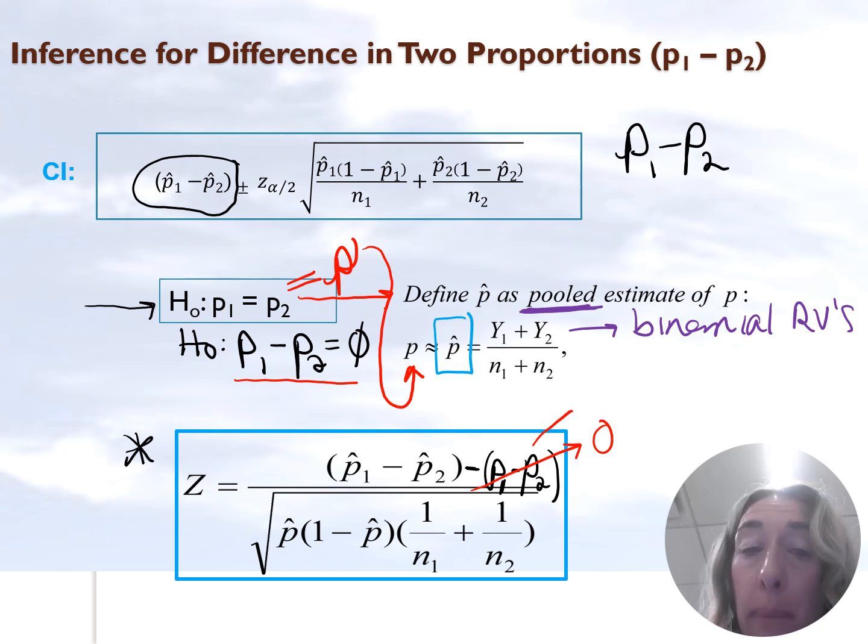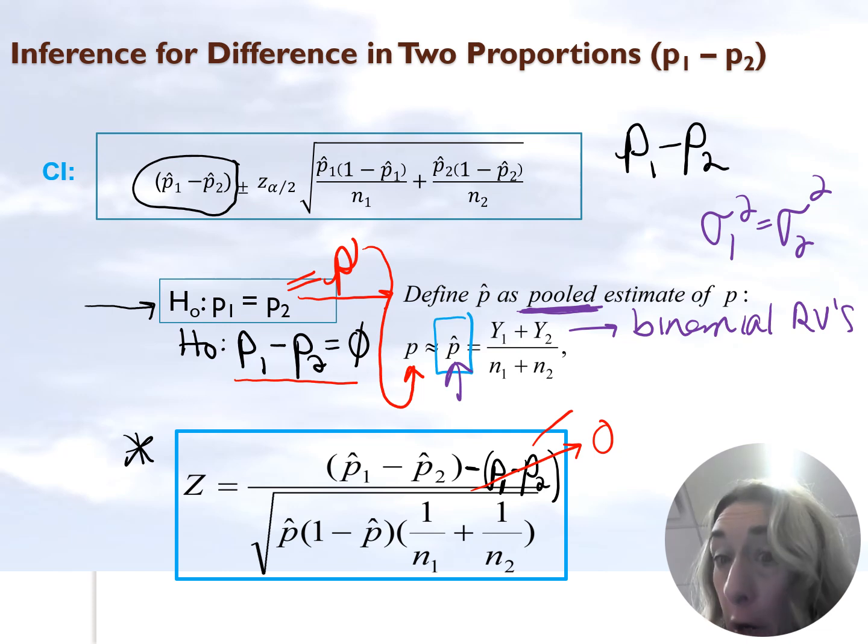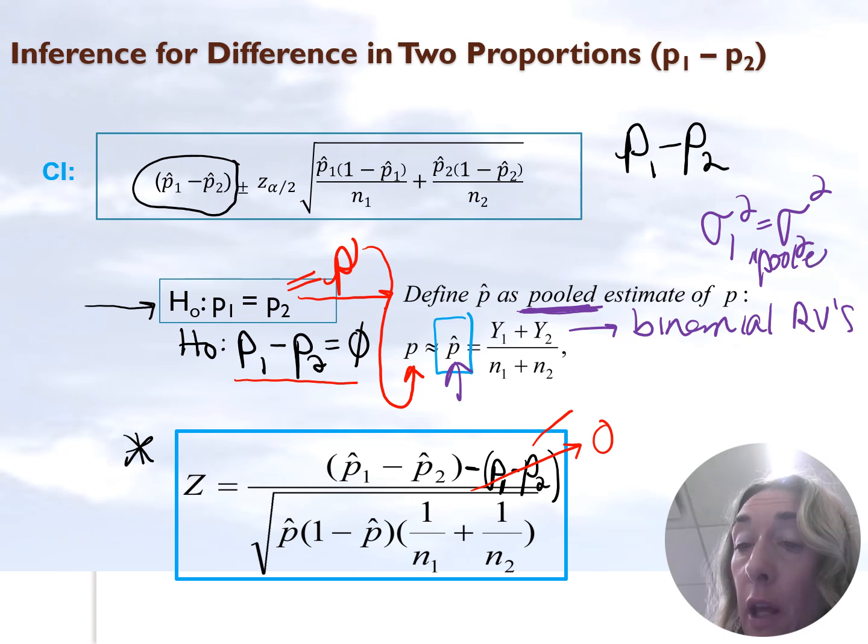Because we're hypothesizing that those proportions are equal, it makes sense to pool them in order to get one estimate p hat, just like we did when we had reason to believe that our population variances were equal. Remember, we used the pooled estimate of the sample variance. Same thing here.